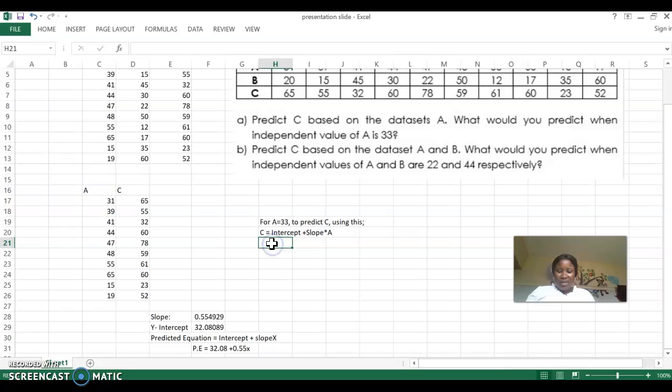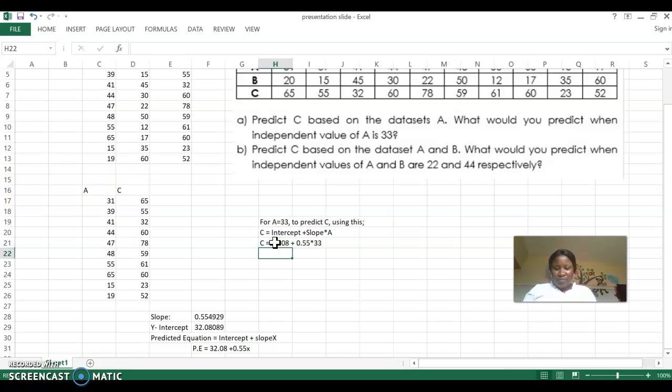So C will be equal to the value of our intercept, don't forget, is 32.08, plus my slope 0.55 times A. The given value of A is 33, so 0.55 times 33.